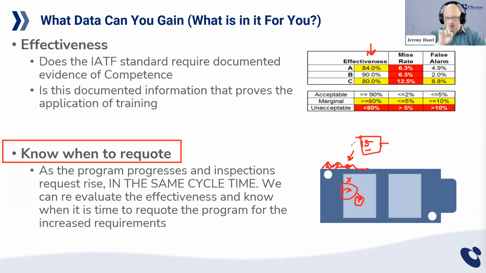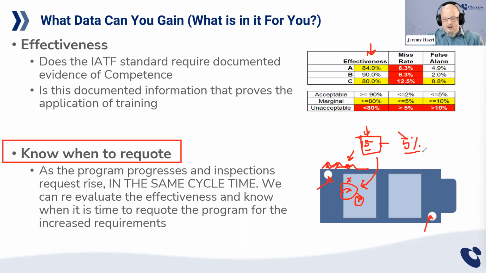We reran our MSA studies and we found instead of a 2% miss rate, we were up to 5% miss rate. We were borderlining on being ineffective because in the same cycle time, we had to inspect two different areas. Six months into the program, they wanted us to check for flash in this bushing area in the same 15 seconds.